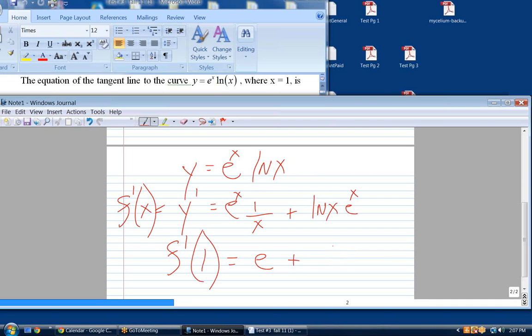What's the natural log of 1? I don't quite understand natural logs. Okay, 0. It's 0 because the log of 1, no matter what the base, is always 0.